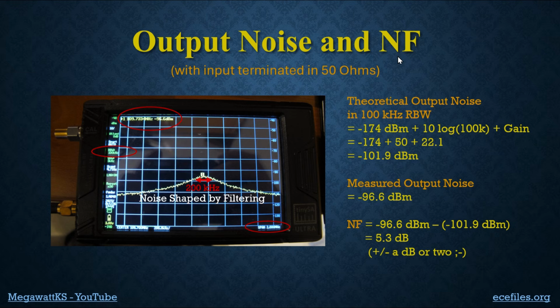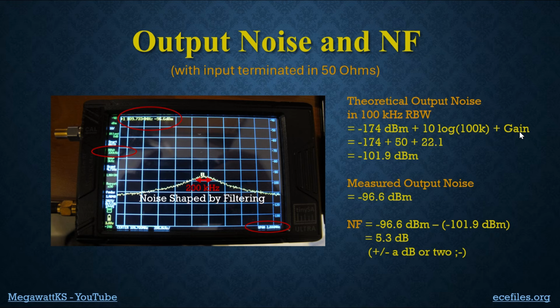So how do we get the noise figure? Well, it's over here on the right-hand side. First of all, we terminate the input of the Q-enhanced LNA in 50 ohms. So we don't have any noise coming in other than thermal. That thermal noise should be minus 174 dBm per hertz is the way they talk about it. So minus 174 dBm, our bandwidth is 100 kilohertz, so we have to add 10 log of 100,000.